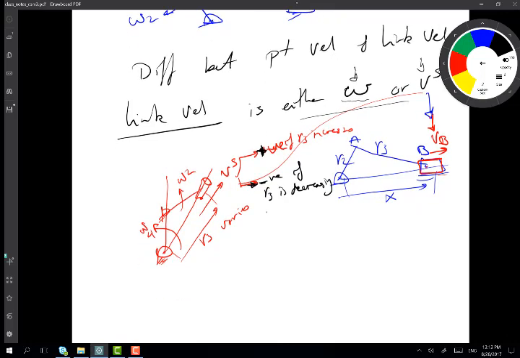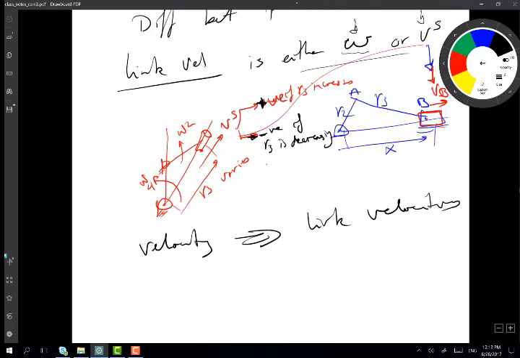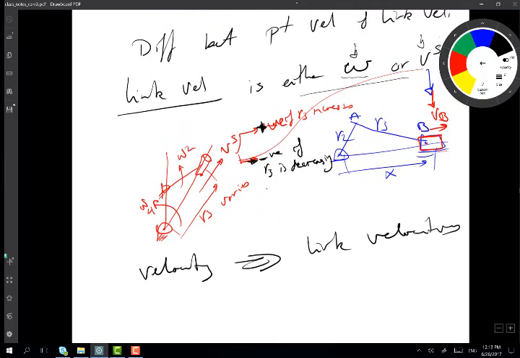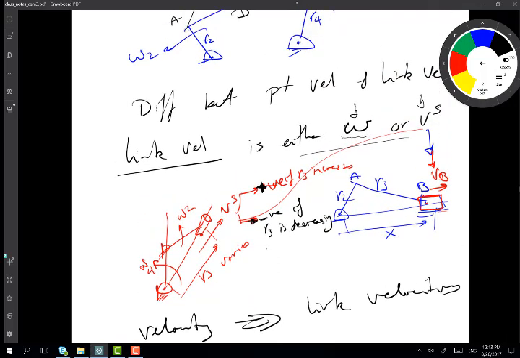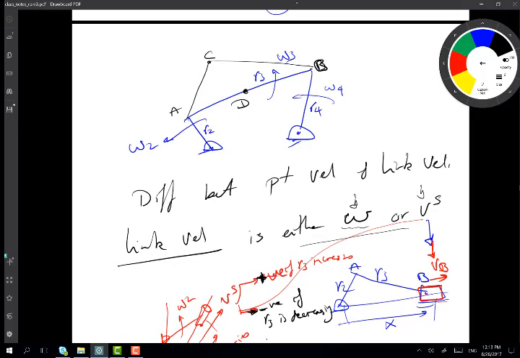And when we do velocity analysis, we try to find link velocities, not point velocities. So velocity analysis is meant to find link velocities. Why? Because once I have found my link velocities, point velocities you can get at minimum effort straight away.